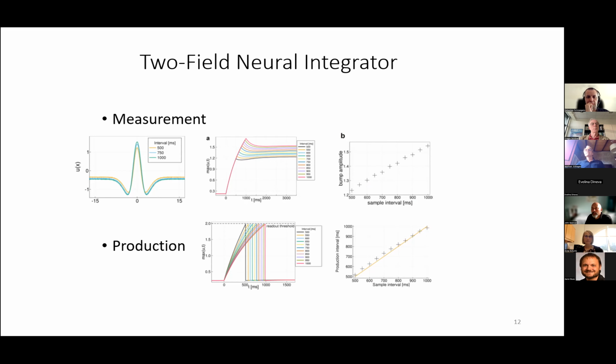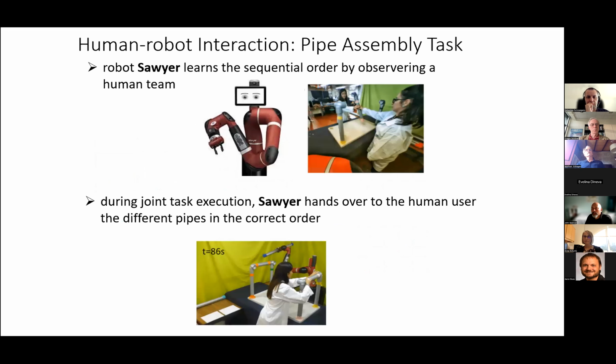The next example is something we have been doing for quite a long time: human-robot interaction. We are inspired by human-human interactions, so I worked a lot with people from psychology to learn how it works in humans. Now you see our industrial robot Sawyer learning a sequential order by observing a human team. It's a pipe assembly task.